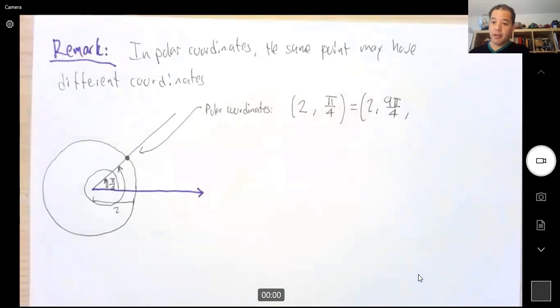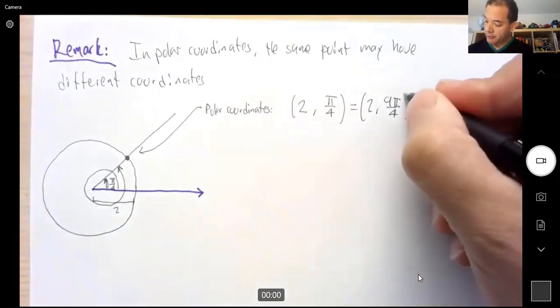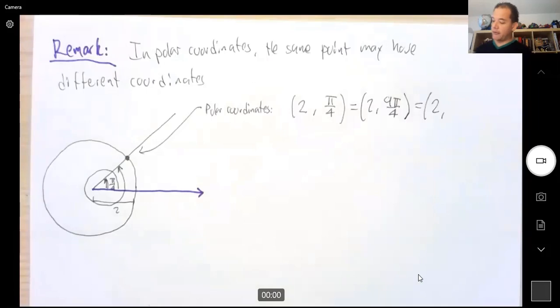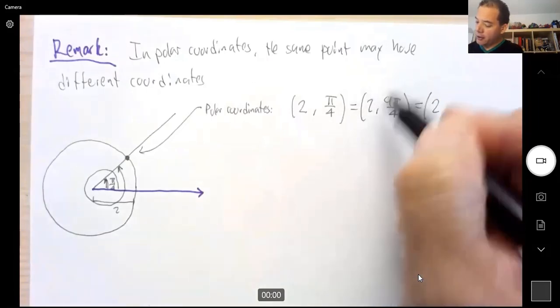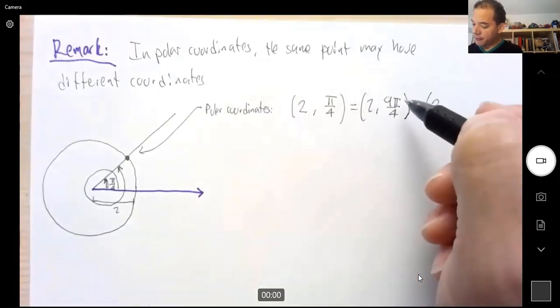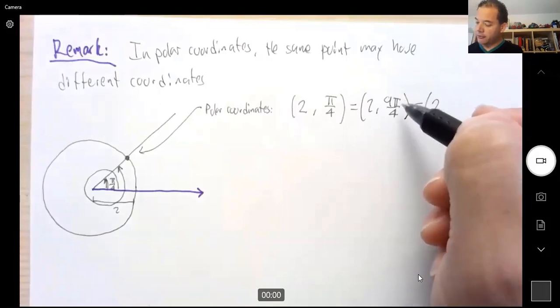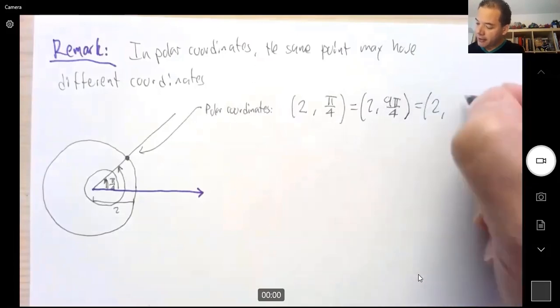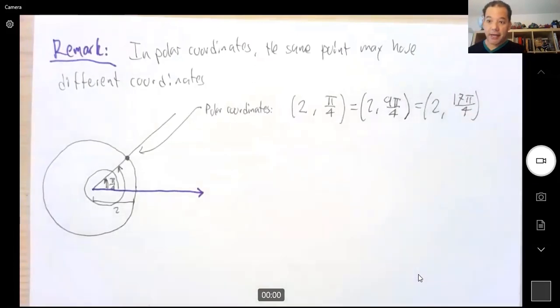Right? And guess what? There is no reason why we should stop at once around. We can go 2 times around. So this is also the same as the point with coordinates 2, and then go another 2 pi over here. So it would be 2 times 4 is 8 plus 9, that's 17 pi over 4. And more, right? And I can keep going. Hey, I can also go the other way around.